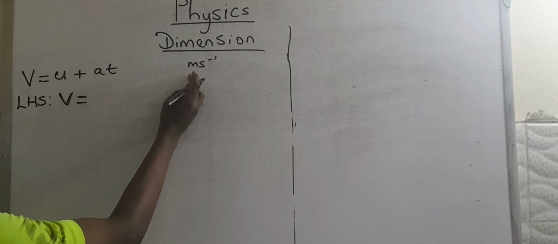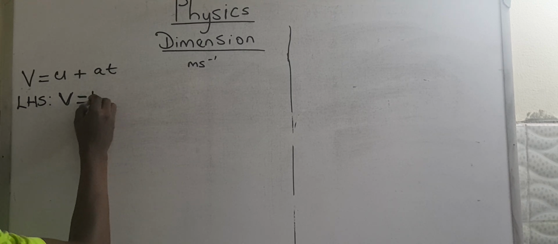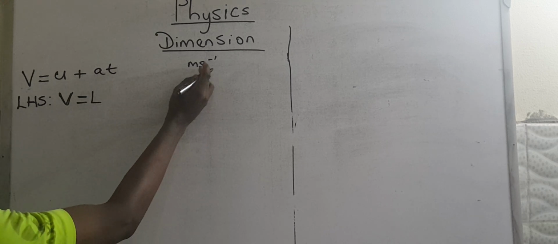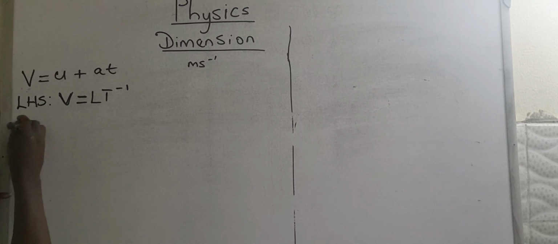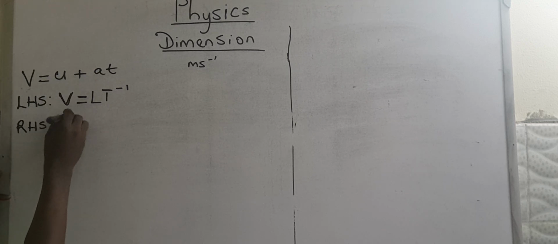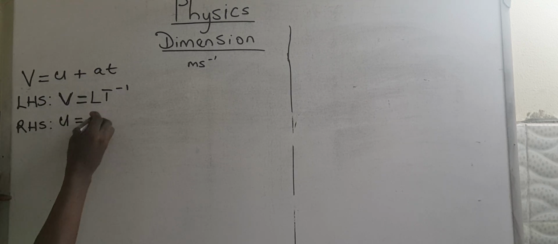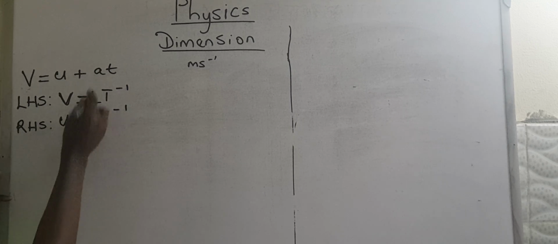The physical quantity that has the unit meter is length, so I have L. The physical quantity that has unit second is time. I have LT⁻¹. So I'm done with this. So go to the right hand side. I have U, the same thing as velocity, but it's the initial velocity. So this will still be LT⁻¹.